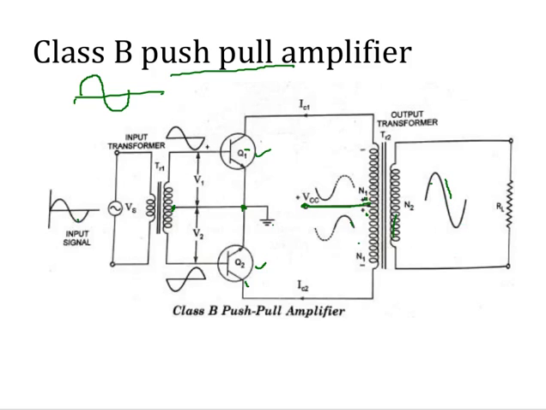So the two transistors are said to be operating in push-pull. That is why this is known as a push-pull amplifier. You can see a full sine wave is obtained at the output using this class B operation, but we require two transistors. That is the only difference here, and the circuit arrangement has to be understood very well.